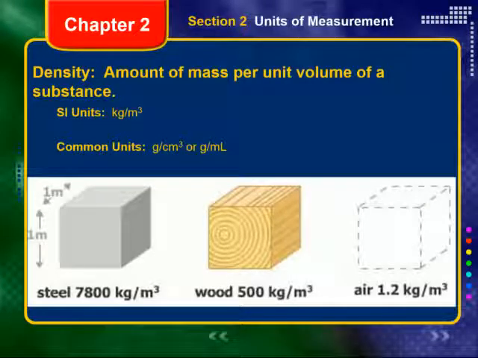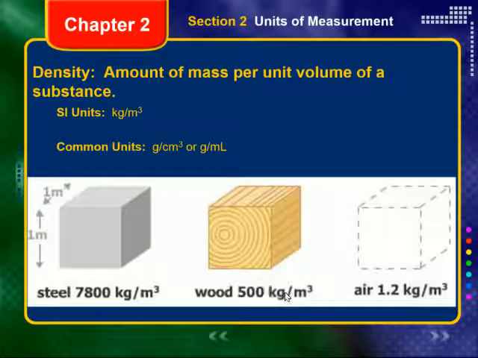And so when we're comparing the densities of two things, we're always keeping the volume constant. So if we need to divide that out, we'll do that. For example, notice we have steel, wood, and air down here. It's a 1 cubic meter cube of these three different substances. But notice, even though the mass is changing, how many kilograms there are, the volume is staying the same.